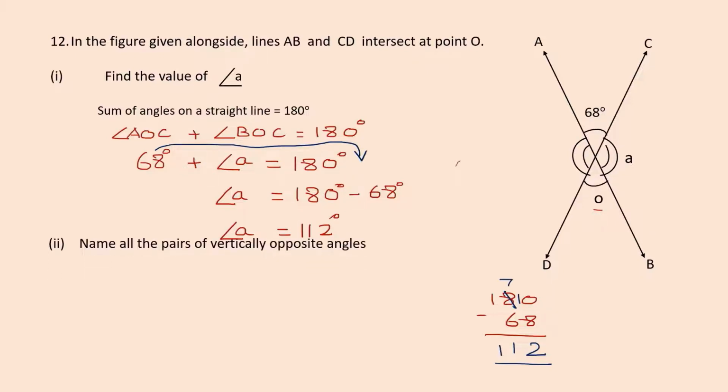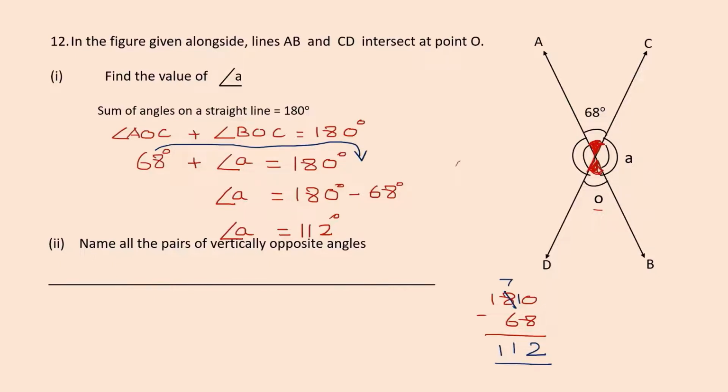Now here, name all the vertically opposite angles. So here, what are vertically opposite angles? Angle AOC and angle DOB are vertically opposite each other, so they are called vertically opposite angles. So let me do that and show it to you clearly.